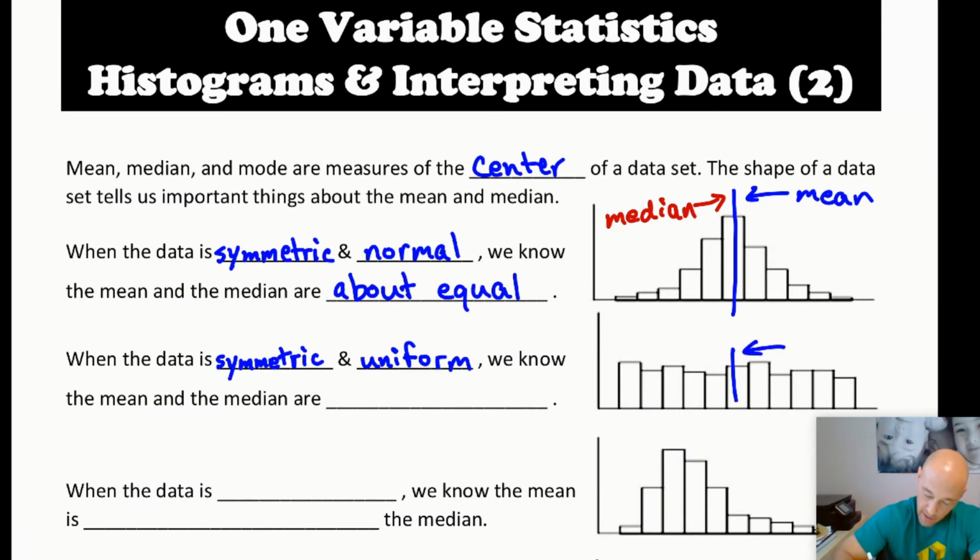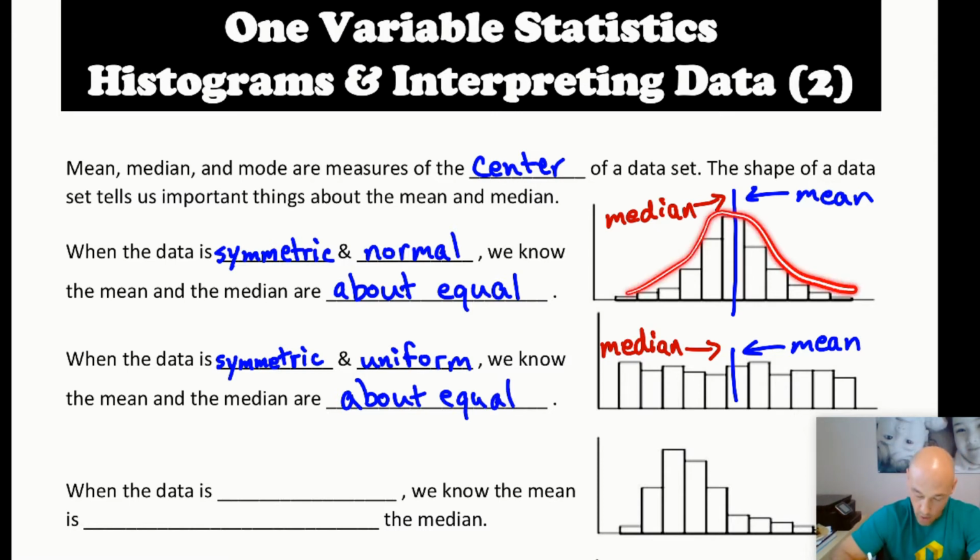That's about the average, the mean, and that's also the median. So the mean and the median are again about equal. That's the same for uniform and normal data. And whenever we do have either normal or uniform data, it's always symmetric. So that's always the case.